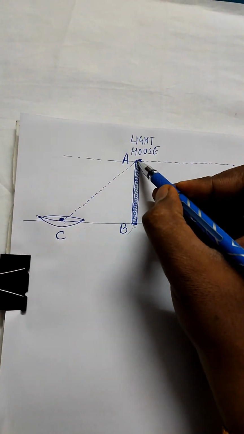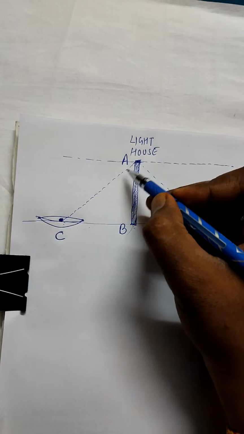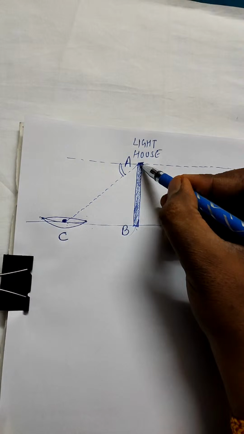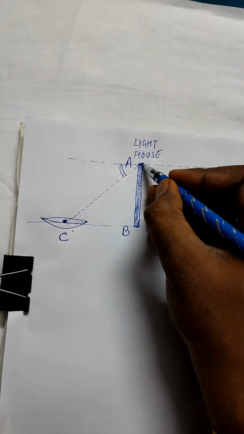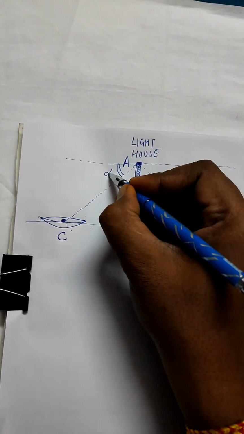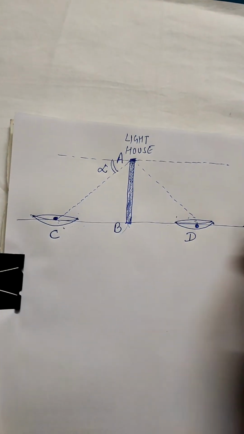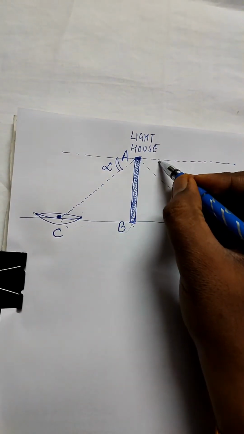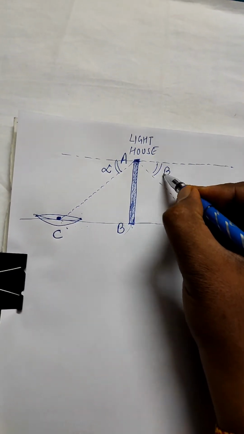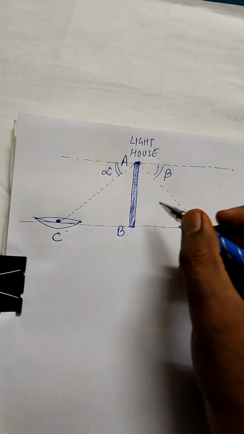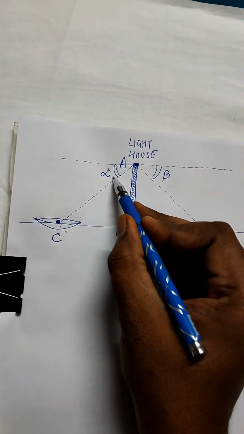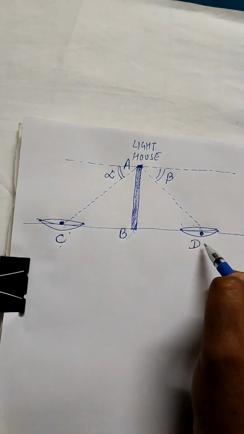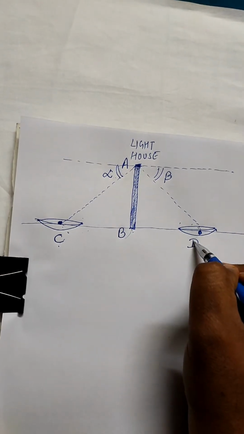The angle of depression is formed when you are seeing something downward. So this is the angle of depression when you are seeing the ship C from the top of the lighthouse, and let's say this is alpha. Similarly, the angle of depression of the second ship from the lighthouse is this one, beta. So there are two angles of depression, alpha for the ship at C and beta for the ship at D, right?